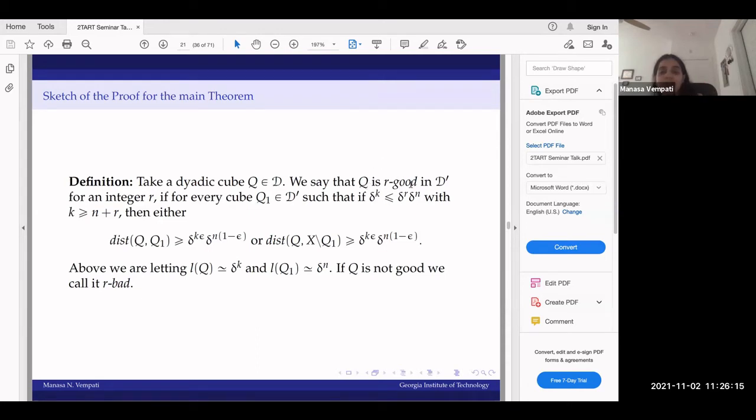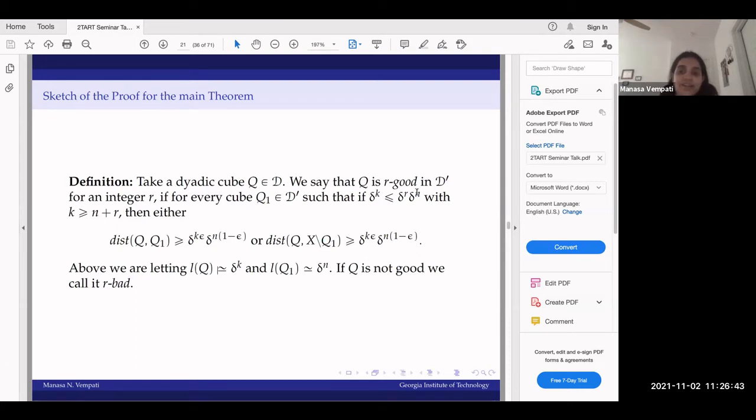We say Q is r-good in D prime, where r is some large number, if for every cube Q1 in D prime such that delta power k is less than delta power r times delta power n. The delta that I'm talking about here is the parameter associated with the system of dyadic cubes. And we have the assumption that the length of Q, when it comes from the dyadic level k, is equivalent to delta power k.